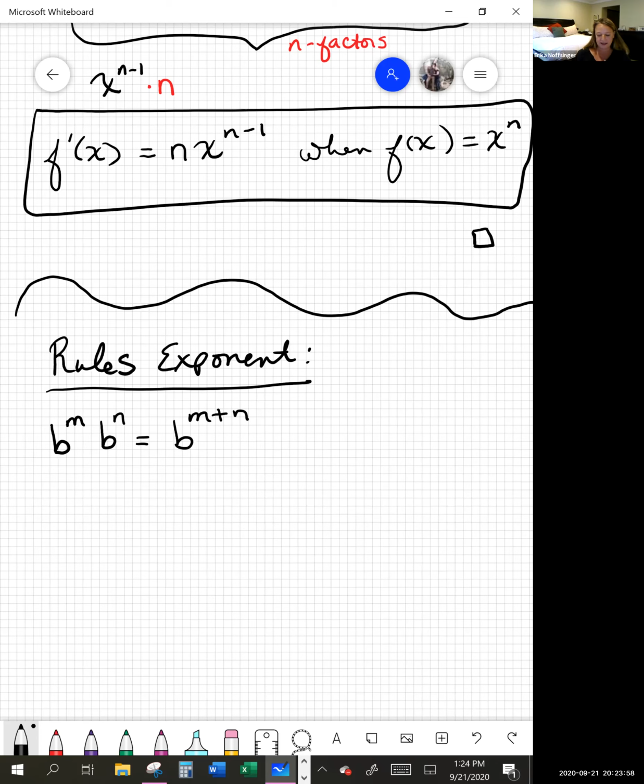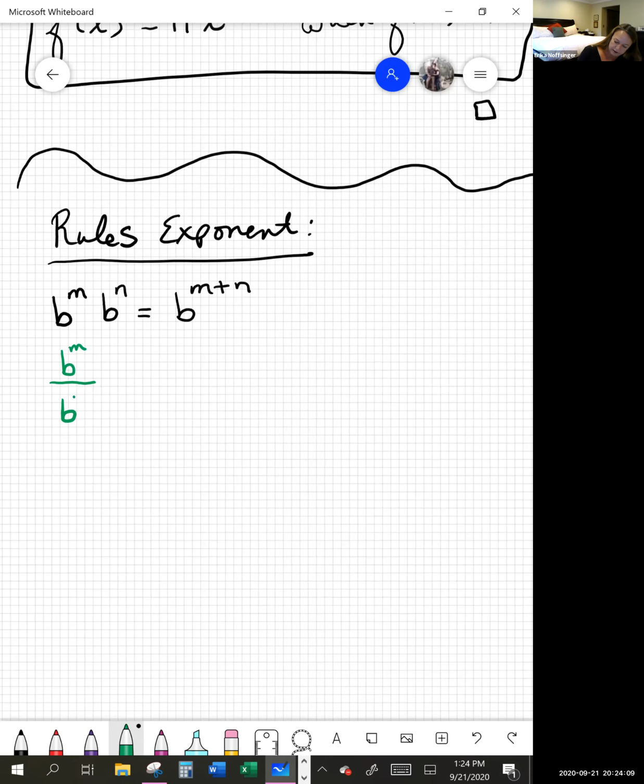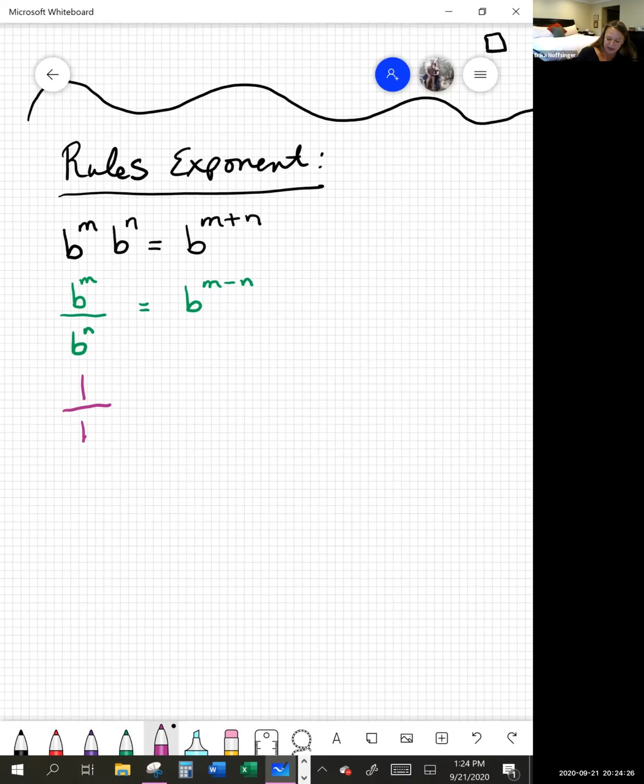So this is b raised to the m plus n power. That's one rule. If we had division, same base, we subtract our exponents: b raised to the m, the exponent on top, minus the exponent on the bottom. Sometimes it's really helpful, if we have a term in the denominator, to bring it up to the numerator. So remember, if you have 1 over b to the m, we can rewrite this as b raised to the negative m power.